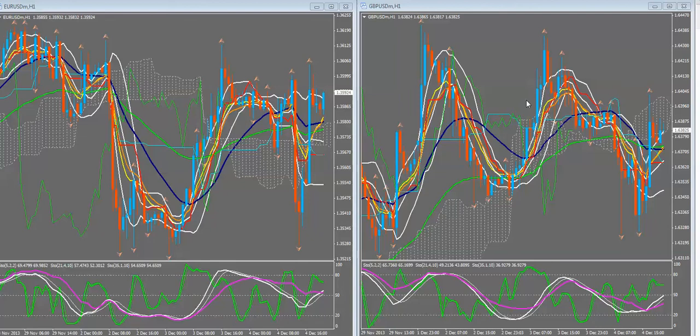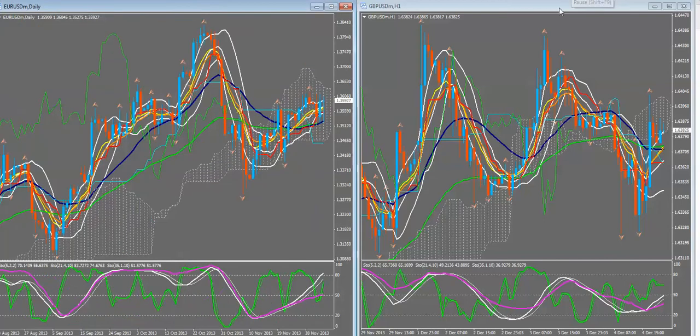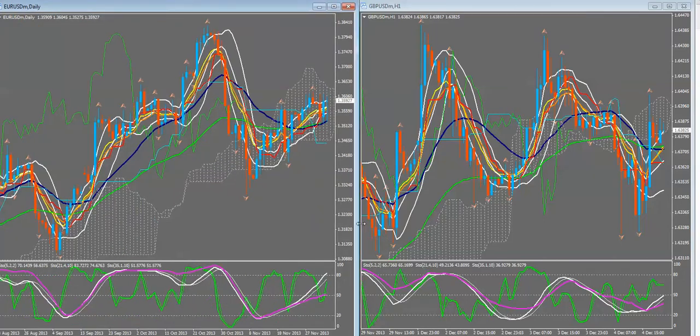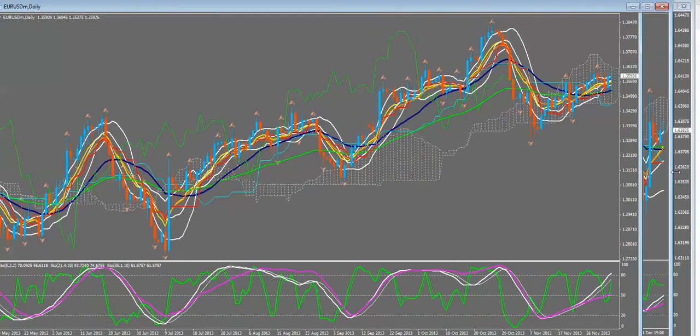In fact, they look pretty similar, but I want to show you that they're really not. There really is a pretty big difference between these two charts, and it shows up much better on the daily chart. We're going to look at the daily chart on the euro first.